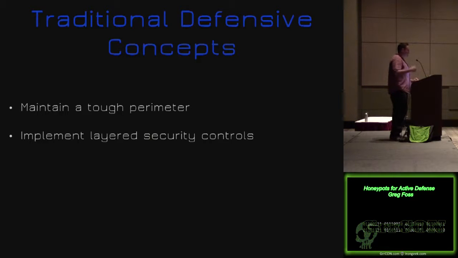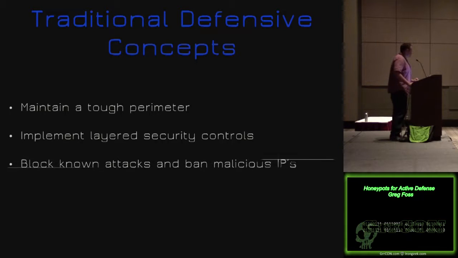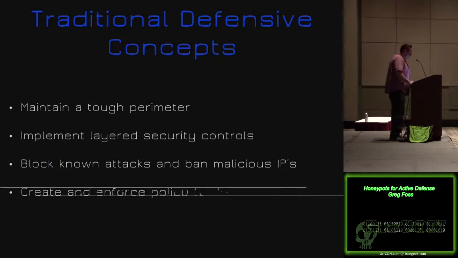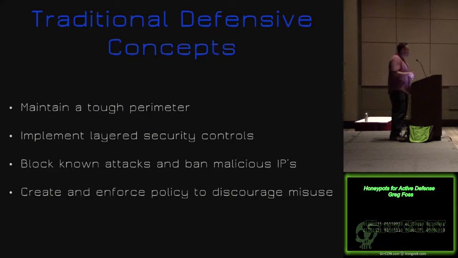You want to have your firewalls, IDS, IPS, WAF, spam filters, all those good things, right? Then block all the stuff we know about, all the bad IPs, all the malicious actors, all the known attack vectors, all the known exploits, things we can actually defend with signatures. And then we want to create and enforce policy to discourage the misuse of our computer systems by our employees, the folks who actually work for us.